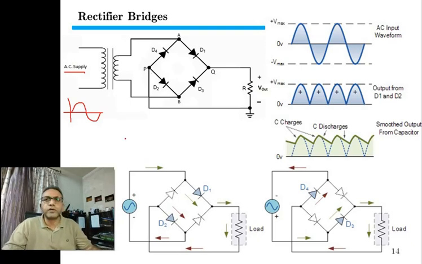However, most of our applications, for example DC chargers, mobile phone chargers, laptop chargers, LED televisions, need DC voltages. So we have to convert the AC provided by our utility supply company into DC, and the most convenient method is to use a bridge rectifier.